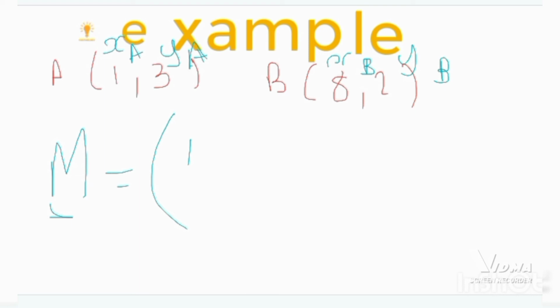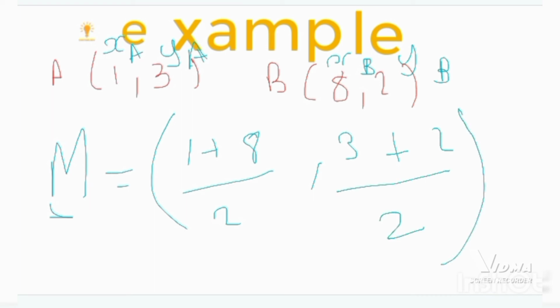So x1 will be xA, which is 1, plus our x2 will be xB, which is 8, divided by 2, point, our y1 will be 3, and our y2 will be 2, divided by 2.